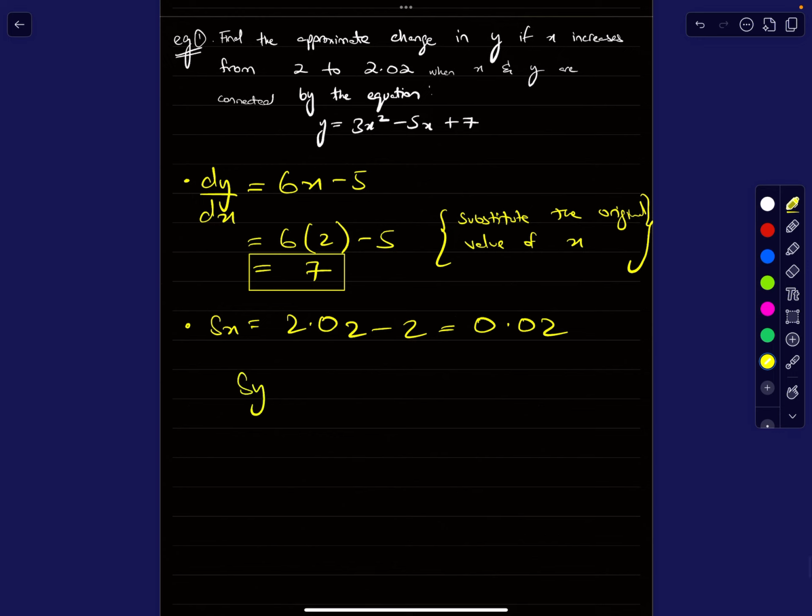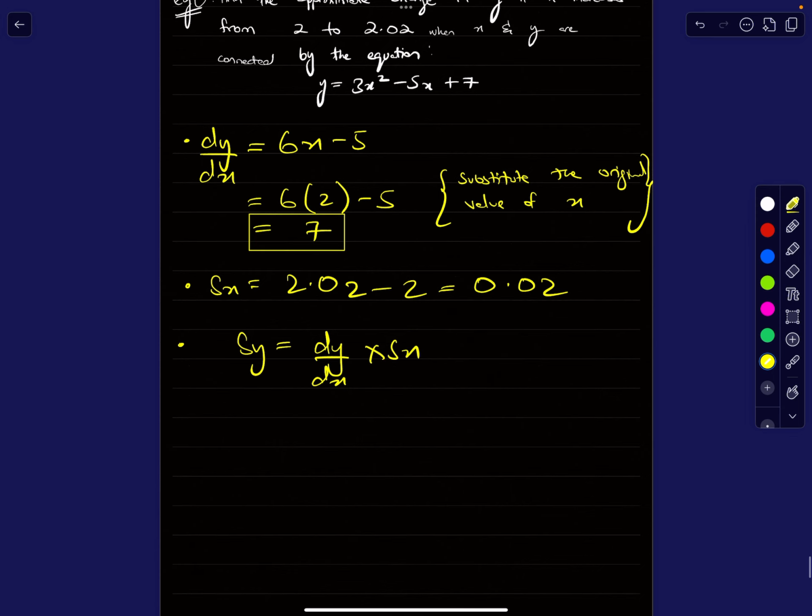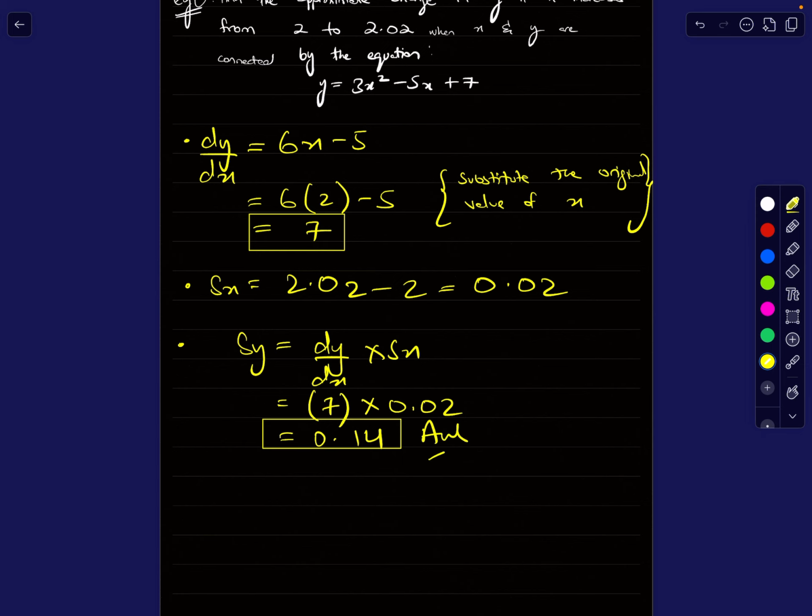And finally, to calculate the small change in y, we'll use the formula dy over dx into the small change in x. Dy over dx is 7, which we calculated here, and the small change in x is 0.02. So 7 into 0.02 turns out to be 0.14. This is our final answer.